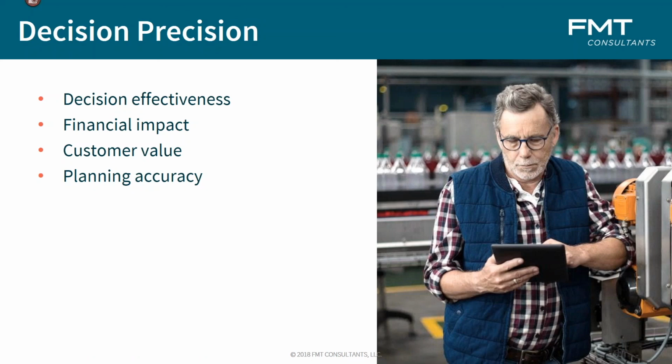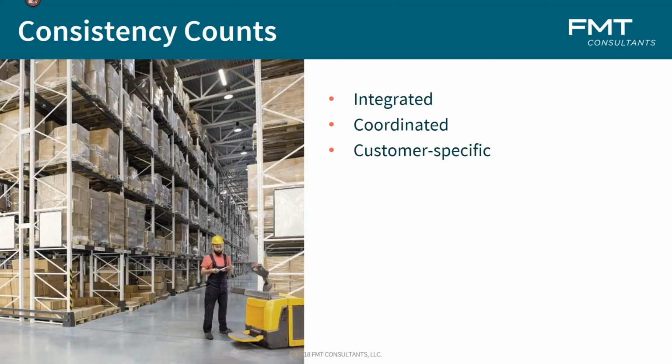precise decisions allow precise action. Consistency. It focuses on making decisions that are integrated and coordinated across the enterprise, not in silos, but connected. Because the enterprise, even a small business, has multiple different business units and business processes that are interdependent.